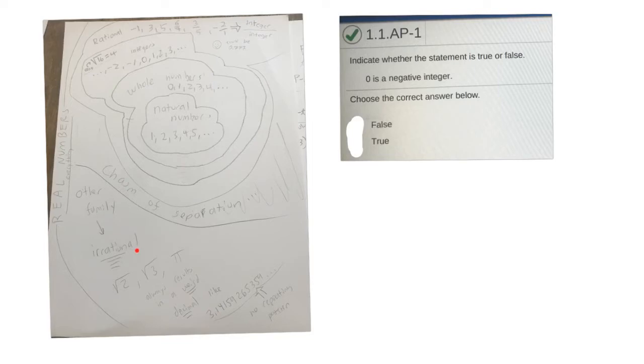Now, irrational numbers are such that you cannot represent them as a fraction where you have an integer over an integer. We're going to discuss what that means in a moment, but I'll put a little cross through there.